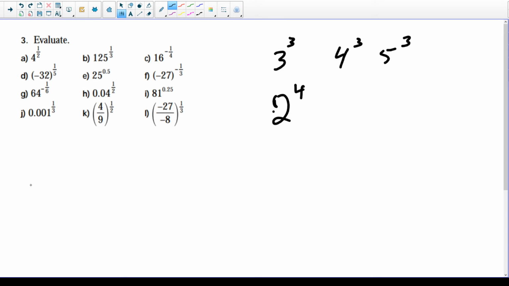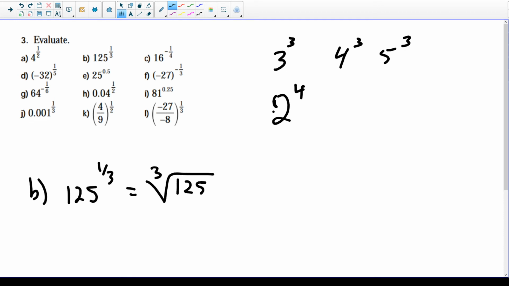Let's look at B. I'm hoping at this point that you can all start to recognize this as being the cube root of 125 pretty quickly. And the cube root of 125 is that one right there, right? So the answer is 5. Can you see that for A, the answer would be 2 because it's the square root of 4.